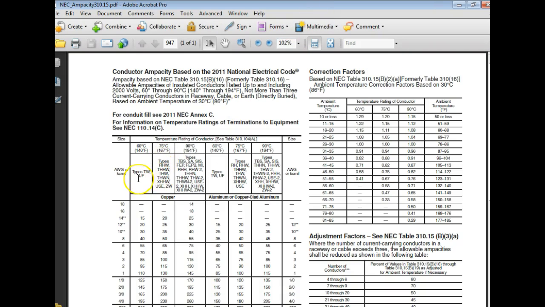So if you look at this, notice these guys here, this is what we're using in our house, 60 degrees centigrade, which would be almost 100, be over 110 degrees Fahrenheit. Then we got RH. RH is an underground cable, so we can run these underground.